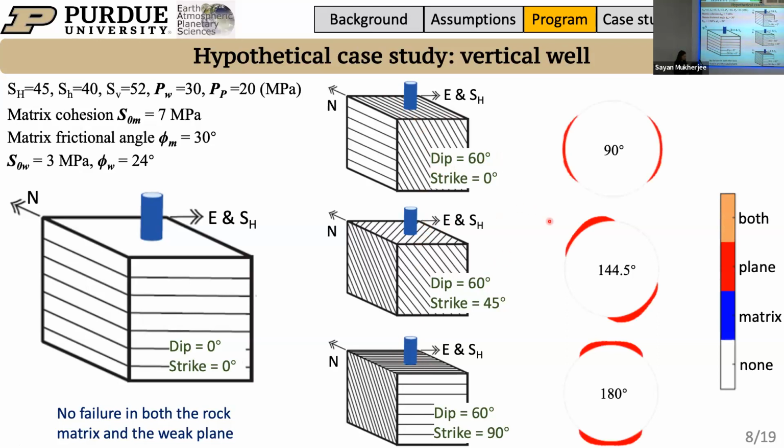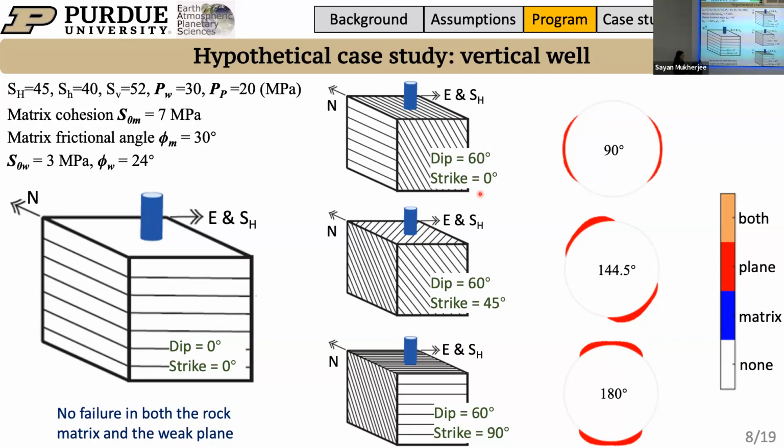And here are the results. The circle here, as I mentioned before, is the wellbore surface, and we are looking down around the wellbore. We could see that for all these 3 cases, the wellbore all fails in the weak planes, and there's no failure in the matrix. And also, we could see that the wellbore failure actually rotates when I change the strike azimuth.